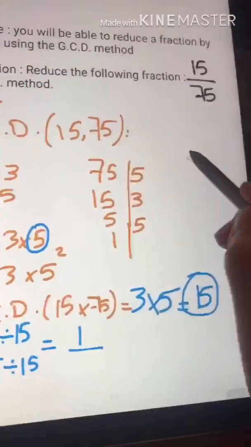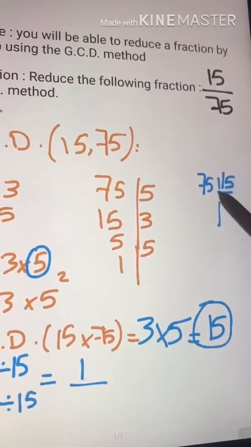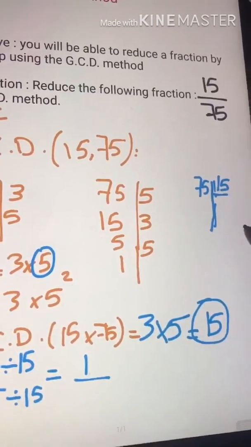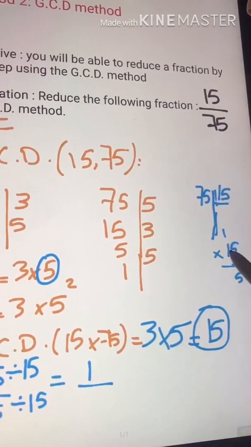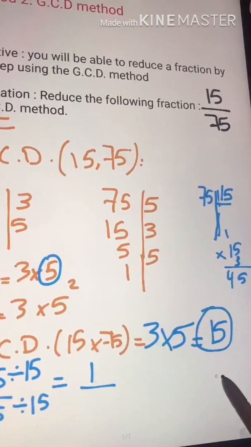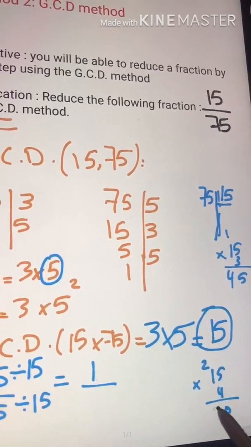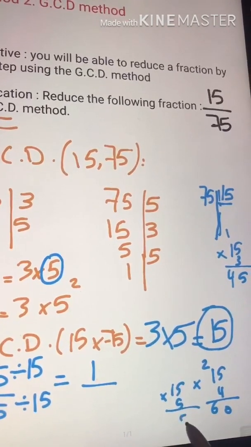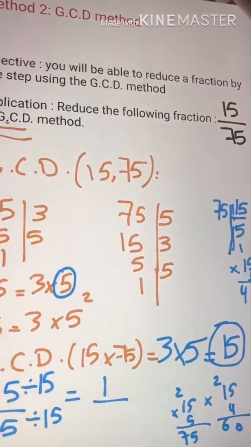Let's try. 75 divided by 15: 15 times what gives me 75? 15 times 2 is 30. 15 times 3 is 45. 15 times 4 is 60. 15 times 5 gives me 75, so it's times 5.